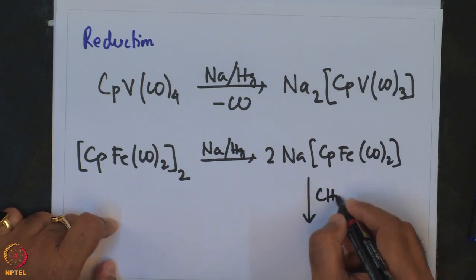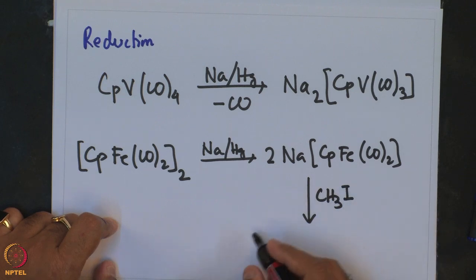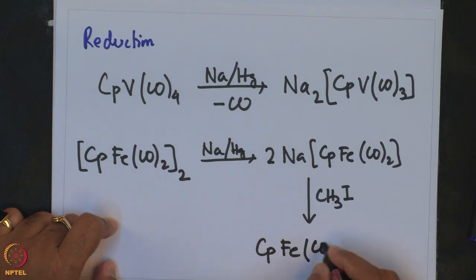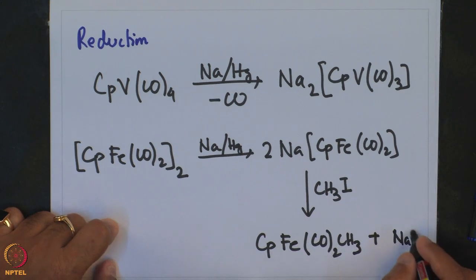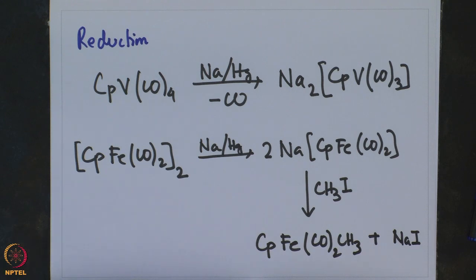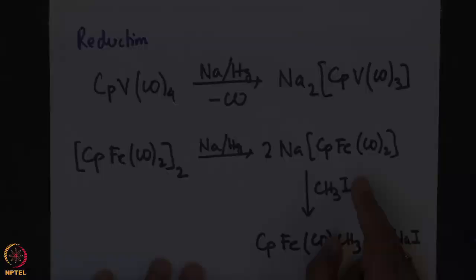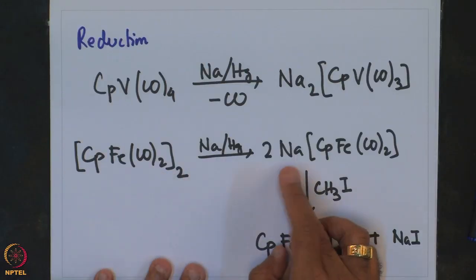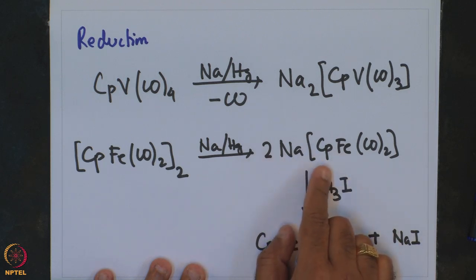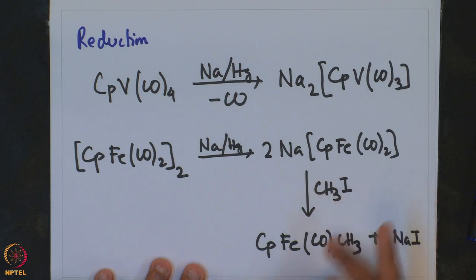Upon reaction with methyl iodide, that gives the methyl derivative CpFe(CO)2CH3 along with the formation of sodium iodide. So, this is an interesting reaction in which the cyclopentadienyl iron dicarbonyl dimer is reduced to give this metallate, which is then alkylated to make the methyl derivative, cyclopentadienyl iron dicarbonyl methyl, along with the formation of sodium iodide.